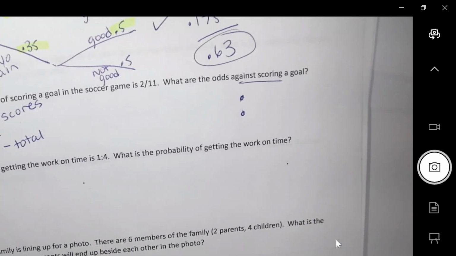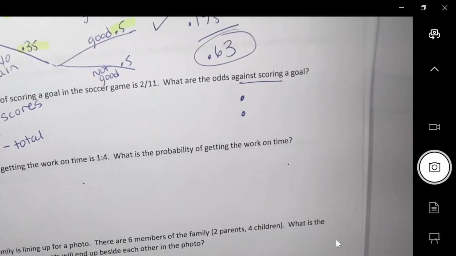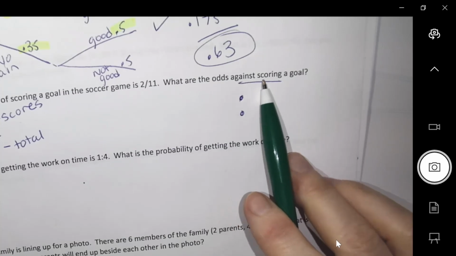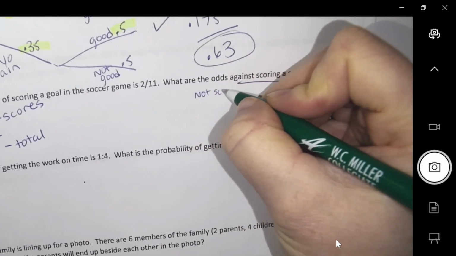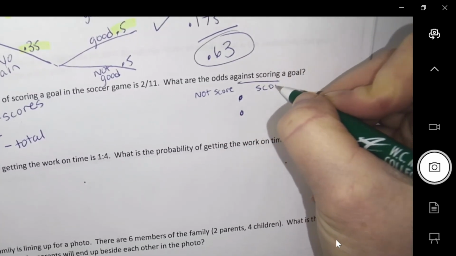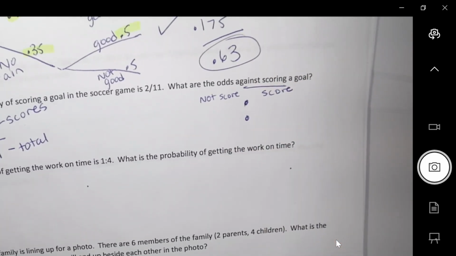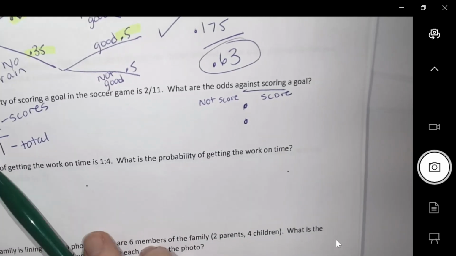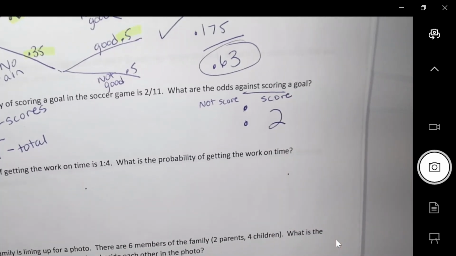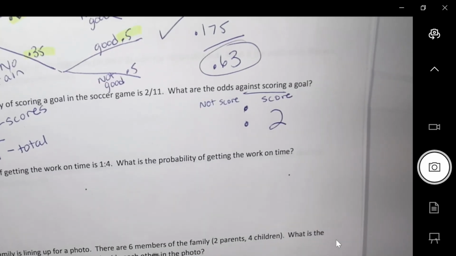So this is when you write something, colon something. The odds against scoring would be not score and then how many scores. So that's against. So you do the not first on the against. So if we scored twice, so that goes there. How many times are you going to not score then? 9.